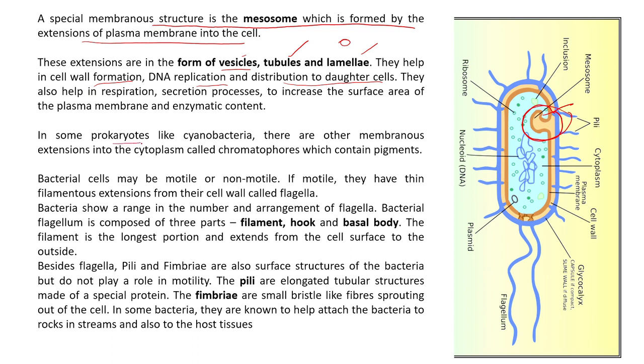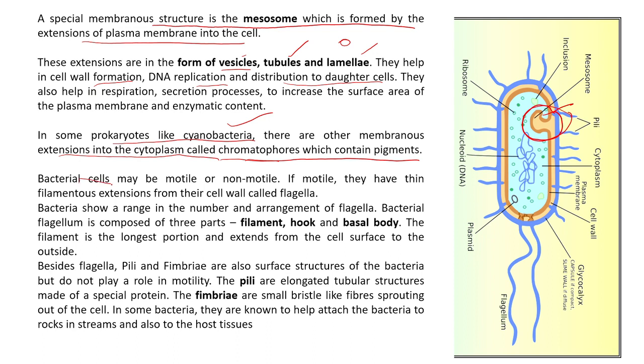In some prokaryotes like cyanobacteria, there is another membrane extension in the cytoplasm called chromatophore, which contains pigment. Chromo means pigment. So other than mesosome, there is one more extension called chromatophore, which is only present in cyanobacteria.